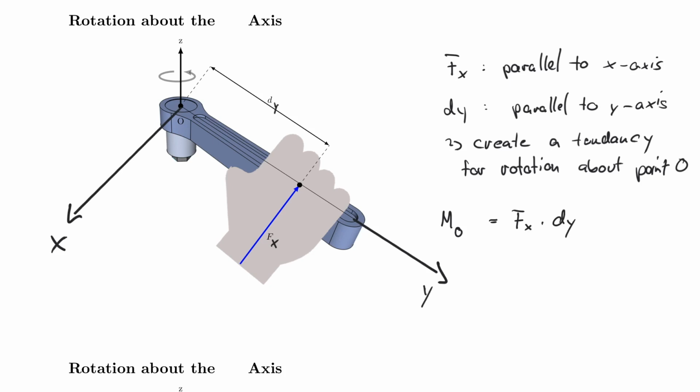But now the important point that I want to point out to you, it's not enough to just say about point O. It's also important to state about which axis this rotation happens. And you already understand this from our previous discussion, that if I rotate from positive x to positive y, I'm moving in the positive z direction. So I better state here that it's actually MO about the z-axis. And that means that here on the top, we actually have to identify this as z-axis.